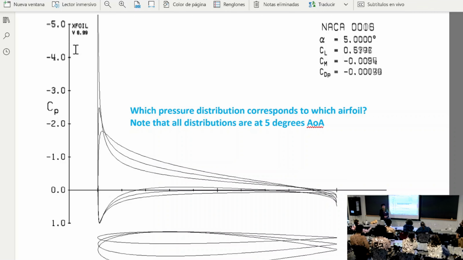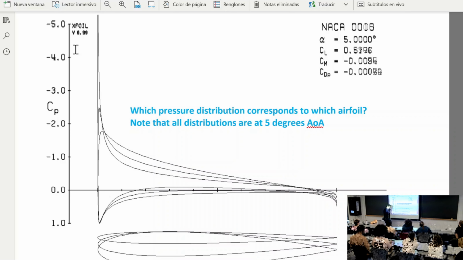Sure. Another way of thinking about it is something we'll talk about probably on Friday. We already studied how we can think about the pressure in terms of Bernoulli's principle, right? If the velocity is high, the pressure is going to be low.